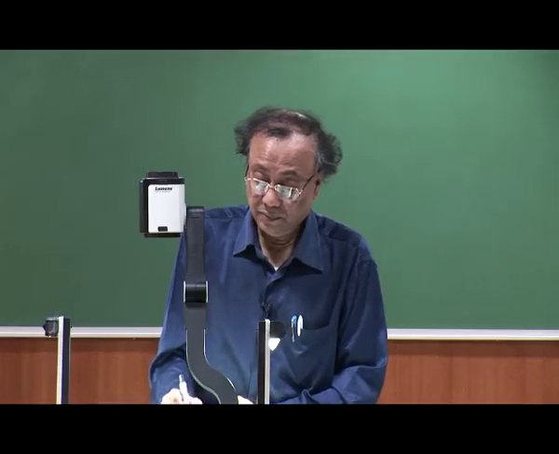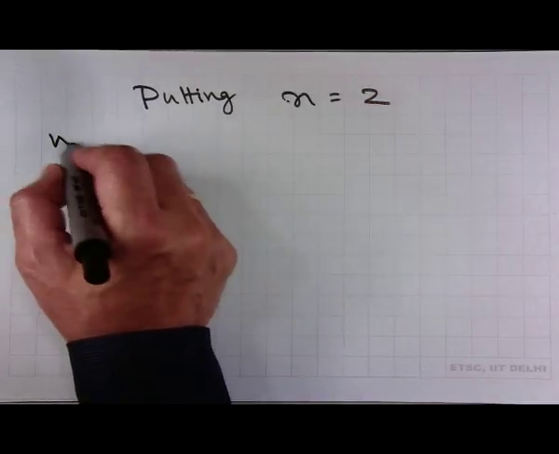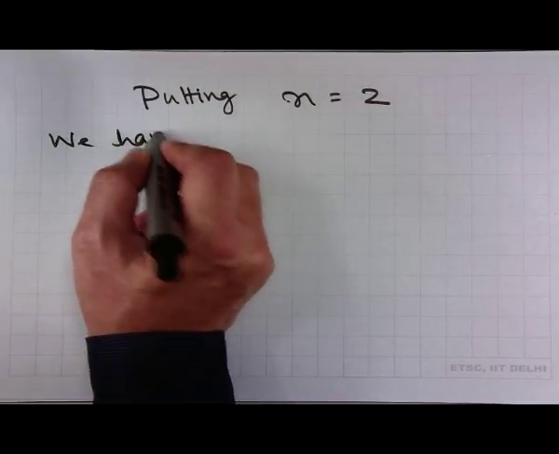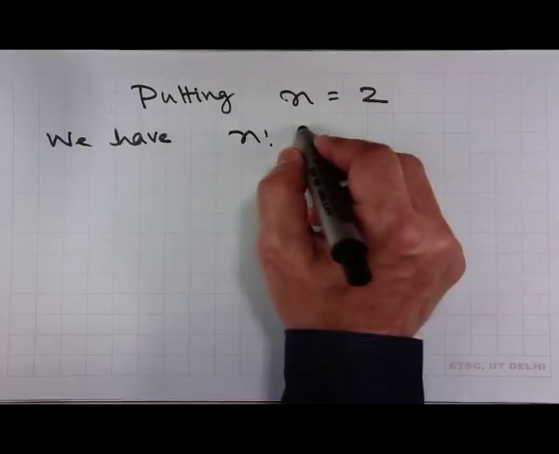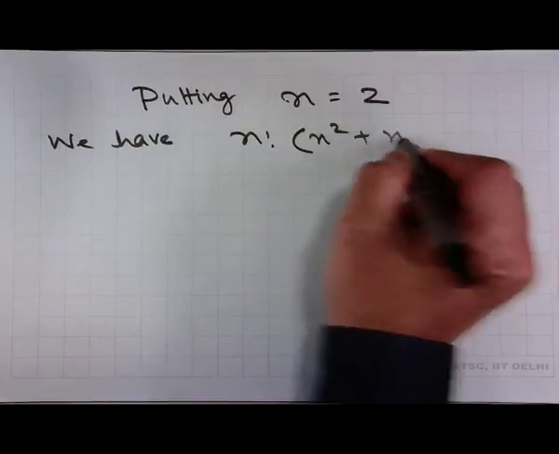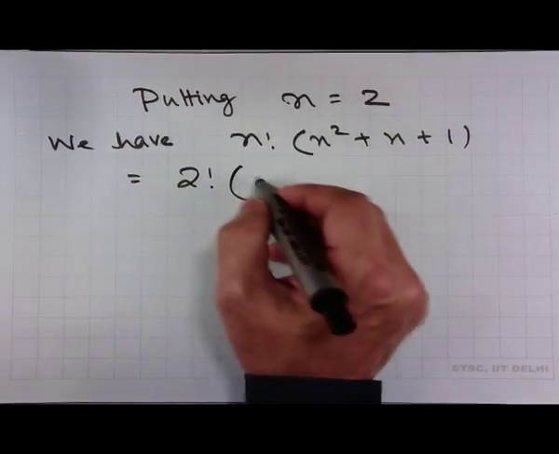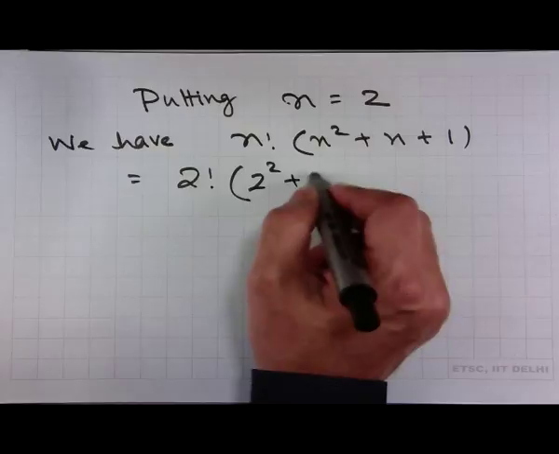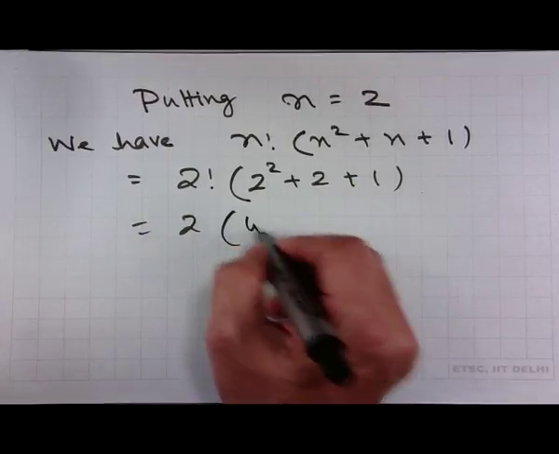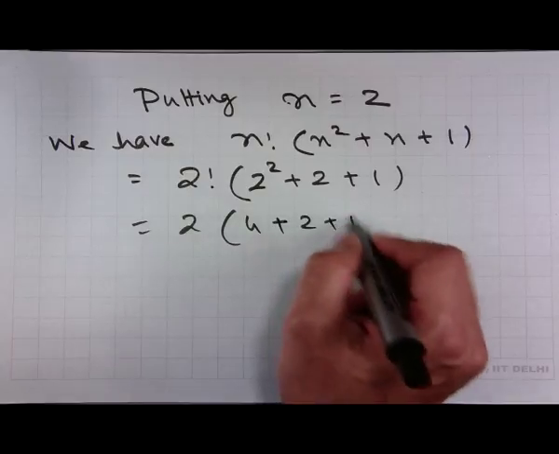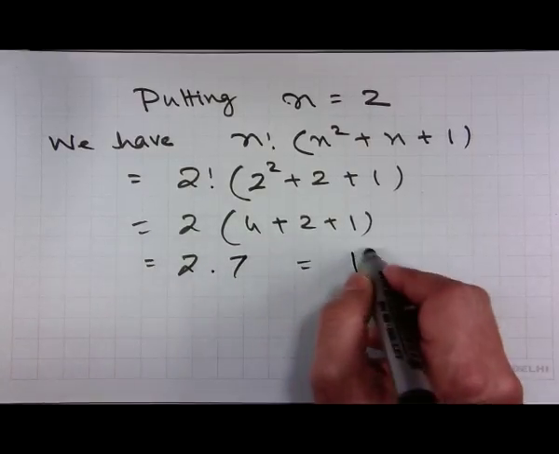Putting n equal to 2, we have n factorial into n square plus n plus 1 equal to 2 factorial into 2 square plus 2 plus 1, which is 2 into 4 plus 2 plus 1, which is 2 into 7, equal to 14.